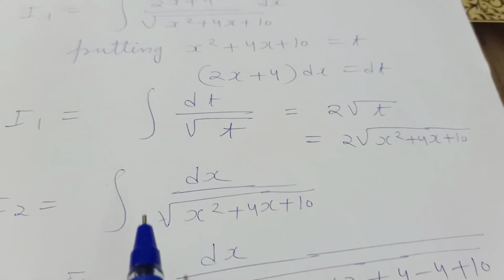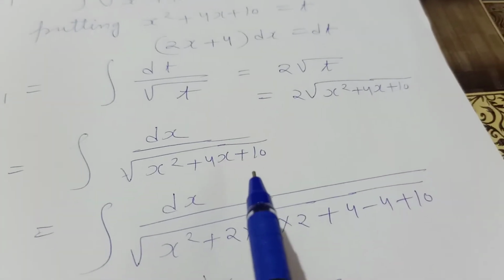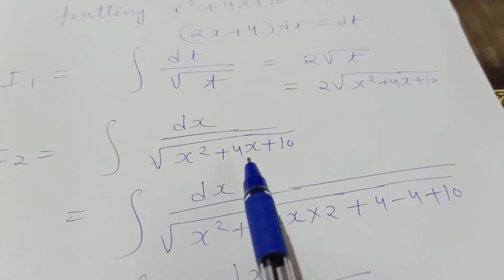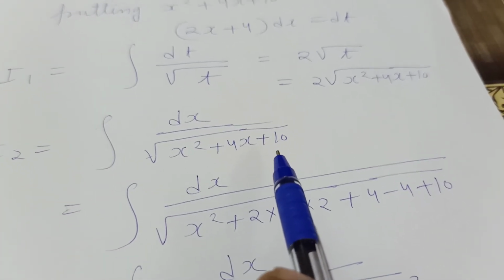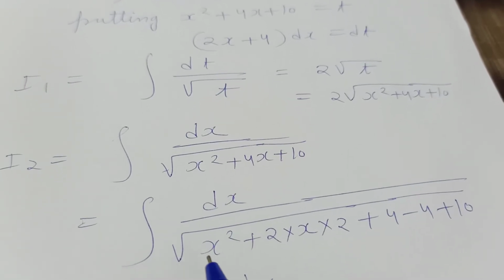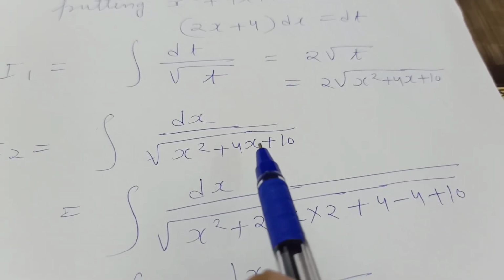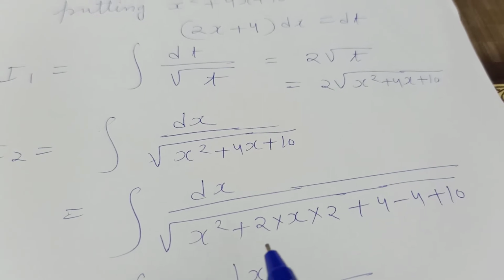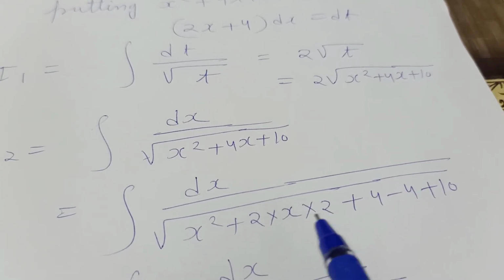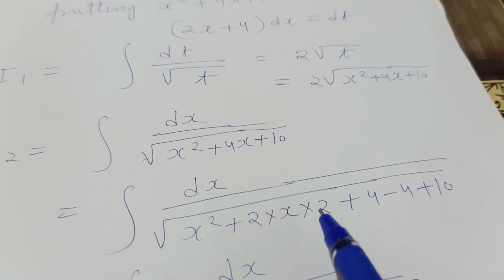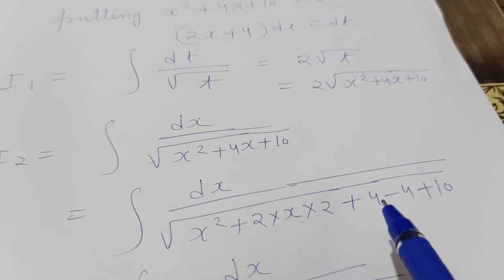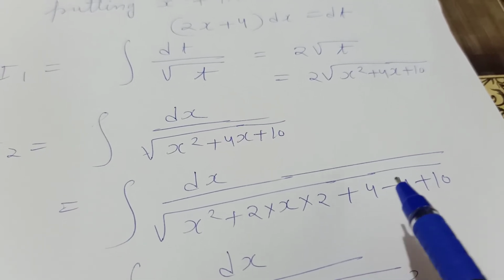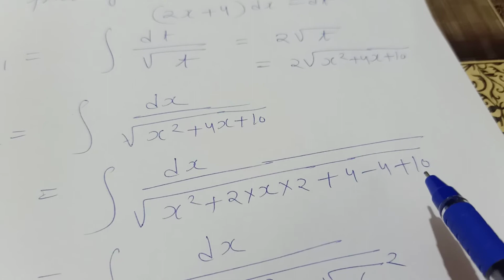Okay, now we come to I2. I2 is dx by root x square plus 4x plus 10. Now we will make this x square plus 4x plus 10 a perfect square. So this is our a square, and we will convert the middle term into the form of 2ab. We will write 2, then x, then b. So this is 2ab. Now b is 2, then we will insert b square plus and minus both, and the 10 will remain as it is.